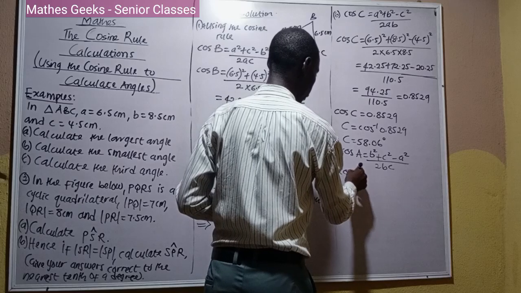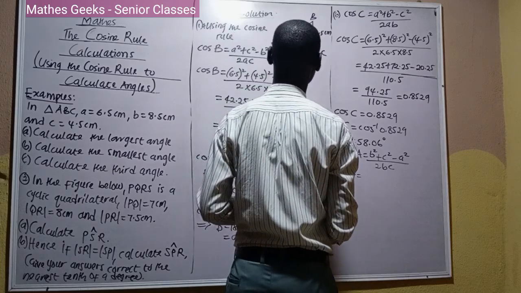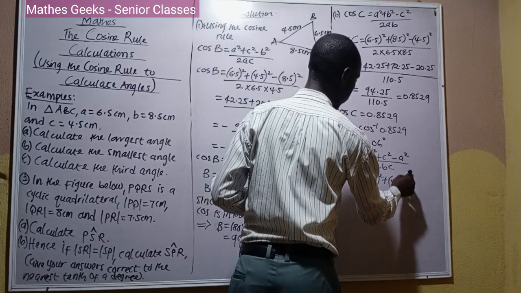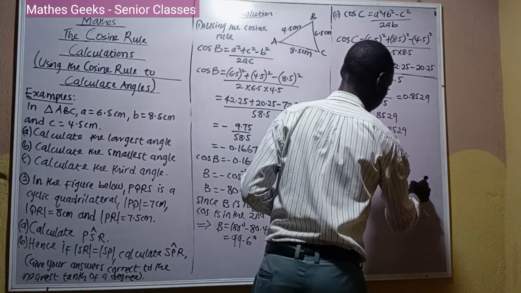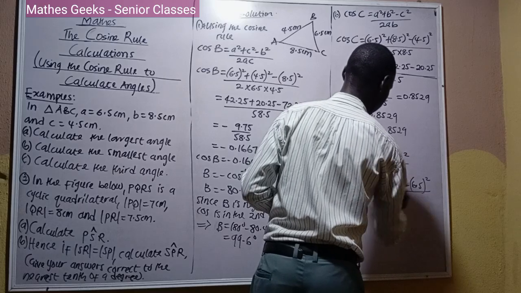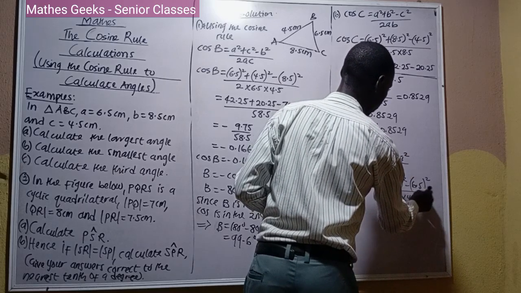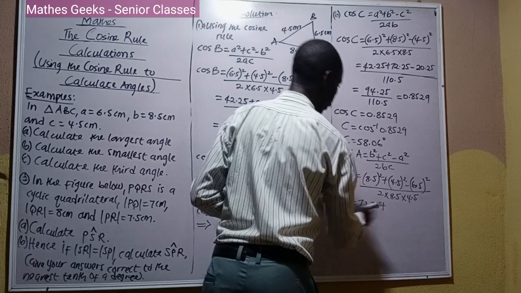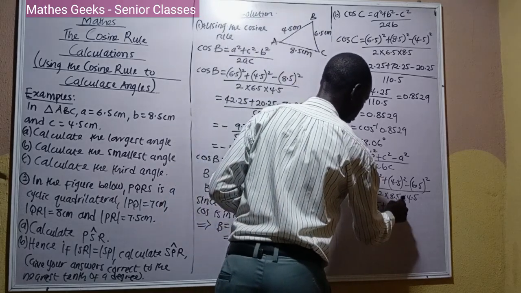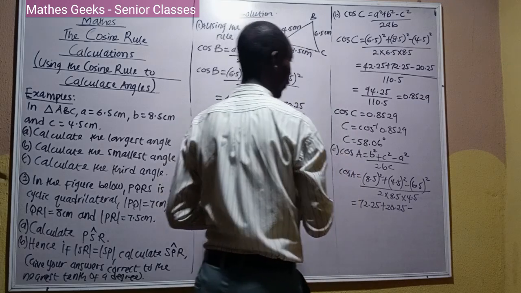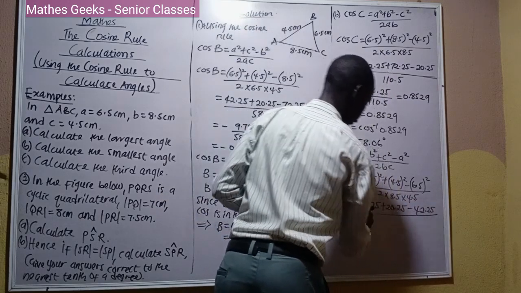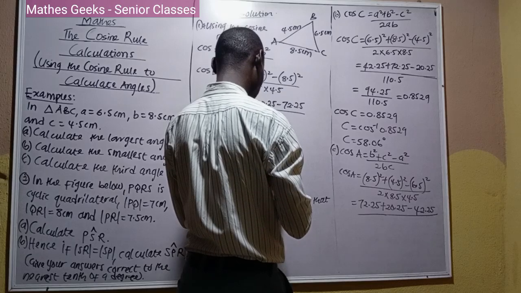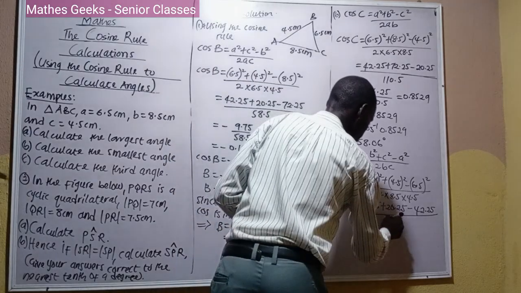So cos A is equal to 8.5 squared plus 4.5 squared minus 6.5 squared over 2 times 8.5 times 4.5. 8.5 squared is 72.25 plus 4.5 squared 20.25 minus 6.5 squared 42.25 over 2 times 8.5 times 4.5, 76.5.